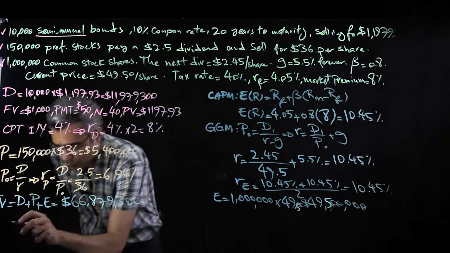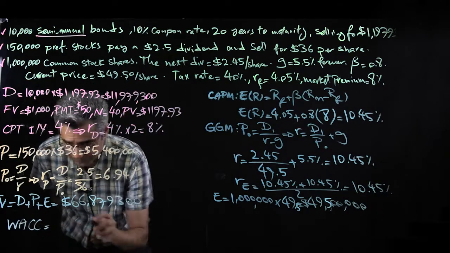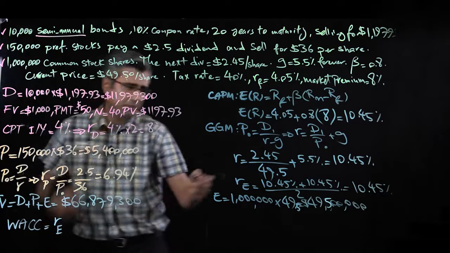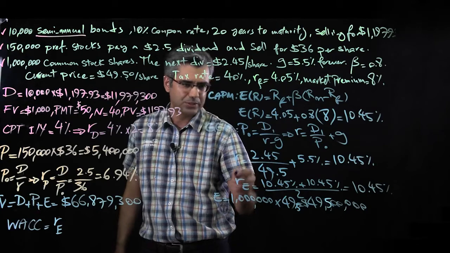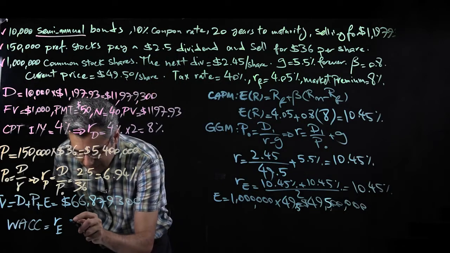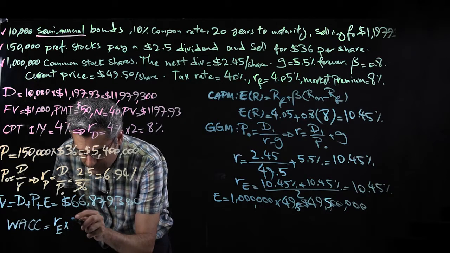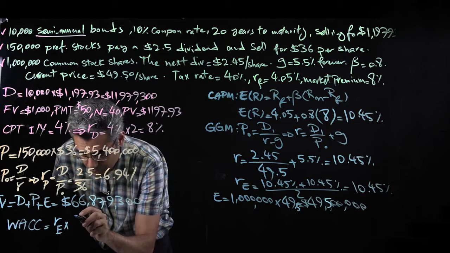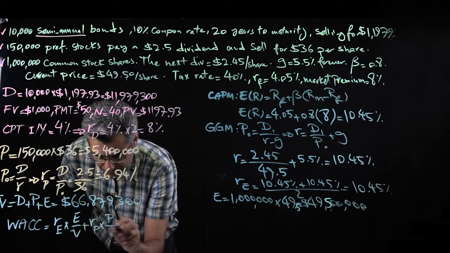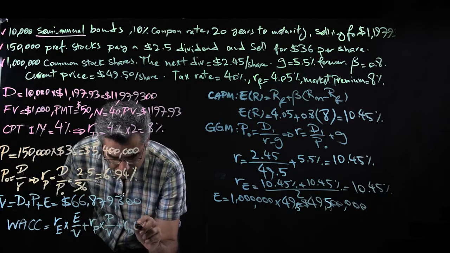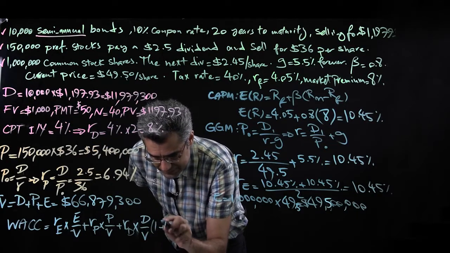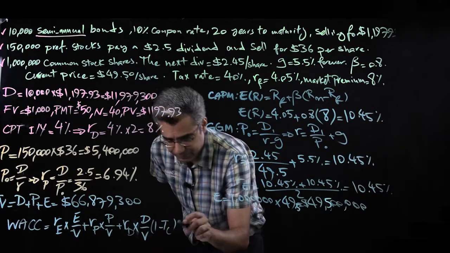Now let's construct the WACC formula. WACC is the cost of common stock, and I prefer to use C for common stock, RE multiplied by size E over V, plus the cost of preferred stock multiplied by preferred stock over V, plus the cost of debt multiplied by debt over V and tax, because we have tax benefits here for debt.